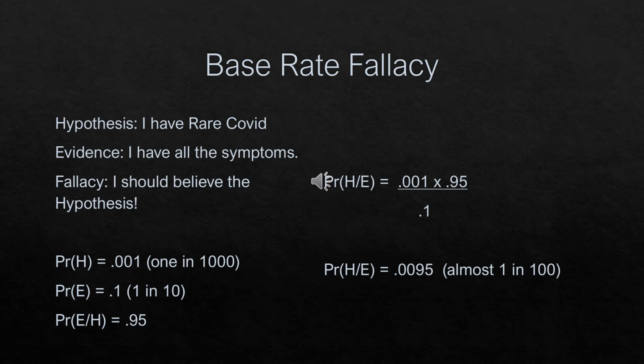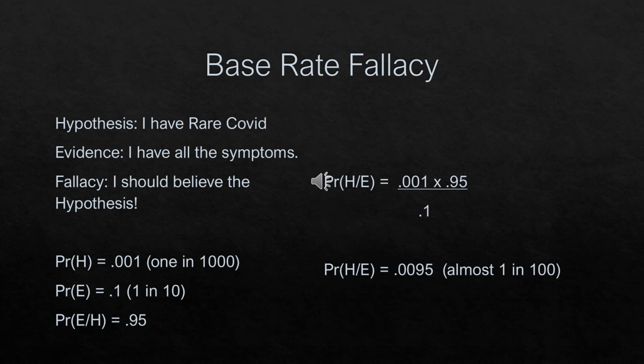It's 0.0095. It's basically just below 1 in 100 people. So ultimately, given this new evidence that you have all these symptoms, it's 1 in 100 people that actually have rare COVID, given all these symptoms in this situation.